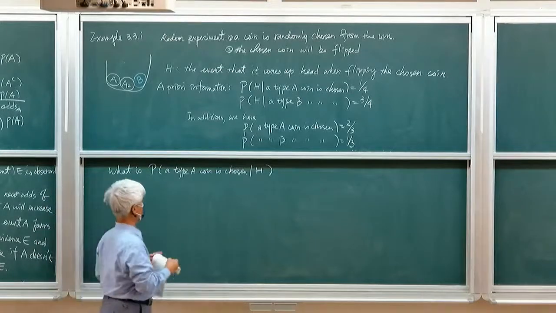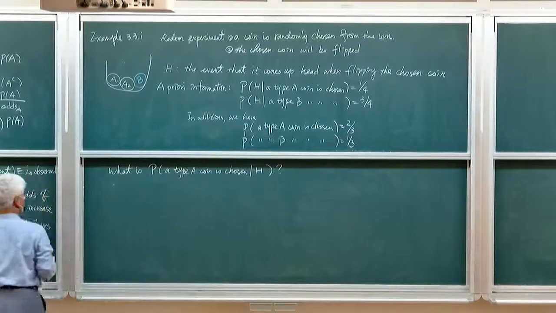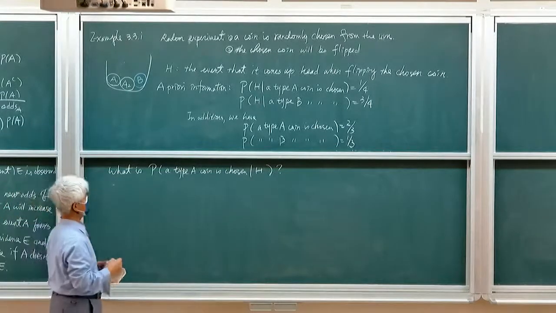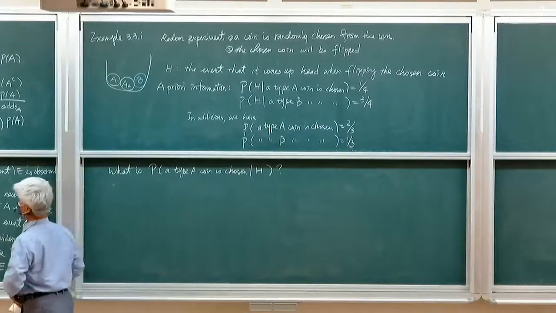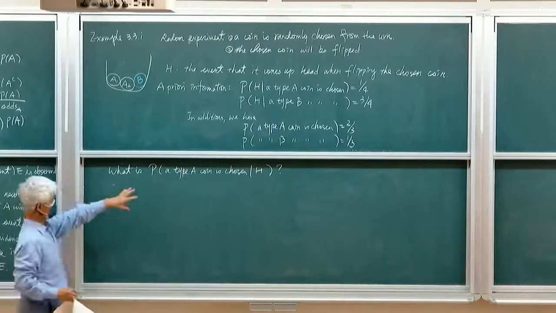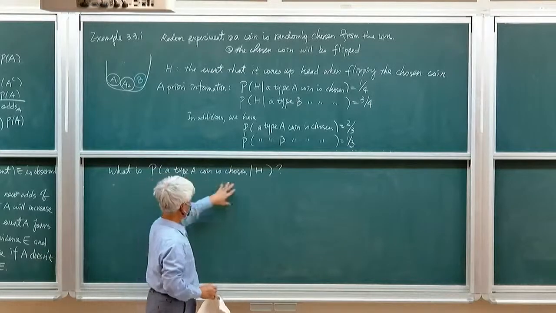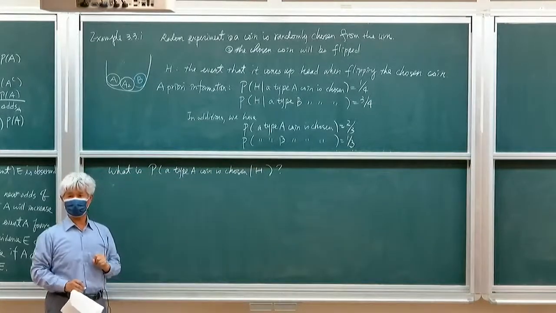Okay, so we want to find it. All right. And so we think about our original event A as just a type A coin is chosen, and we think about the head event to be the evidence event.